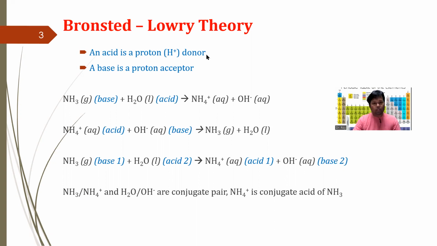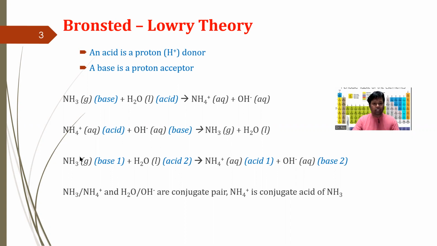When we define an acid using the Bronsted Lowry theory, it is a substance which can donate one proton to someone. In the reverse way, a base is a proton acceptor. That means an acid can donate a proton and a base can accept a proton.